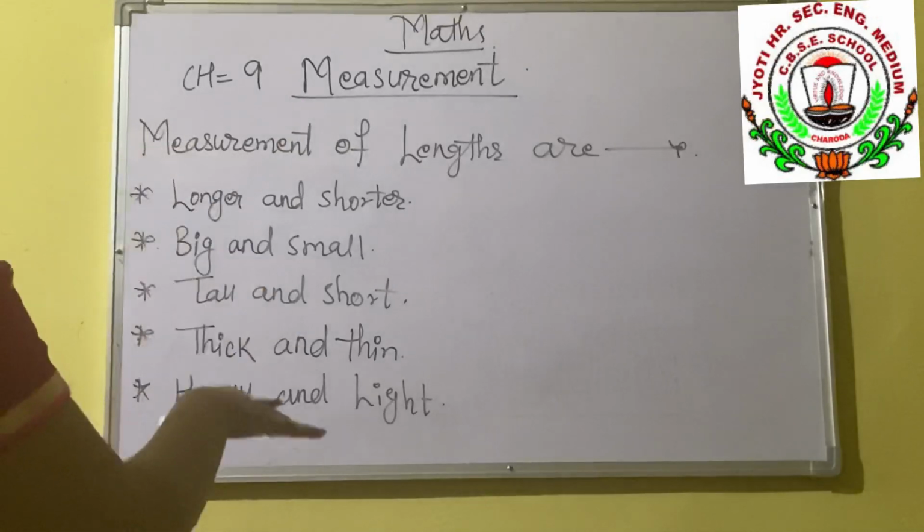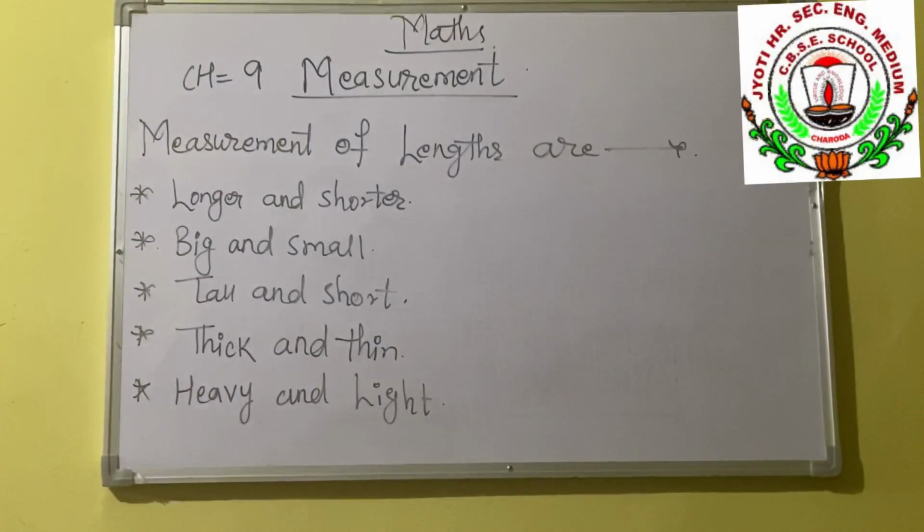Here are the some few points of measurements of length. By this only we can identify either it is shorter, either it is longer, the pencil is big or small, the boy is taller than you or shorter than you, this is thick or thin, heavy or light.